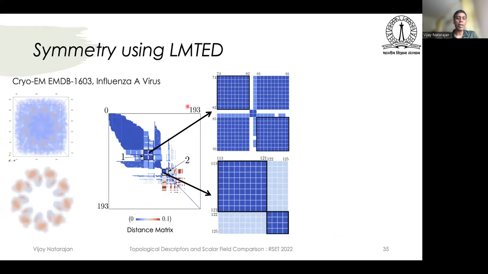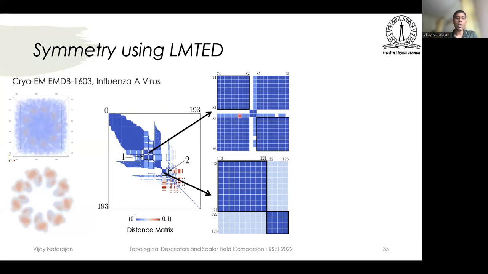So this matrix was computed for a given data set with no manual intervention whatsoever. Understanding this distance matrix and essentially extracting blue regions, blue submatrices out of them, helps us extract the repeating copies in this influenza A virus.